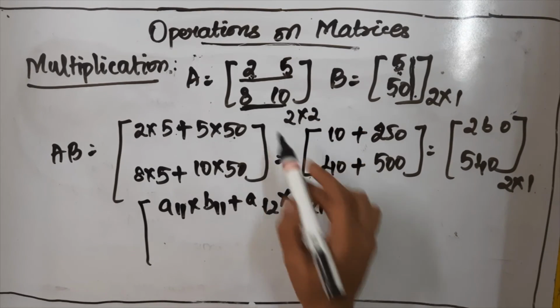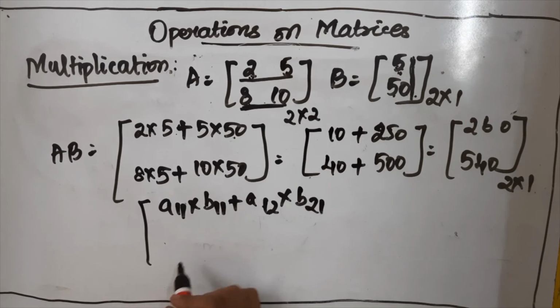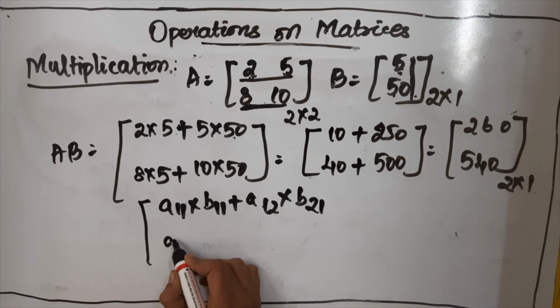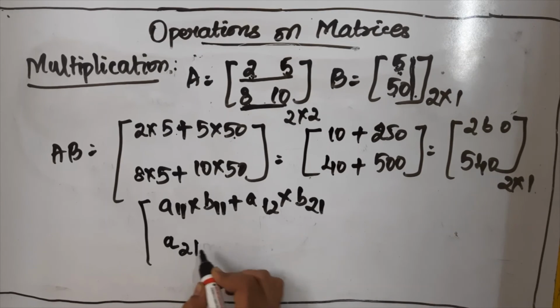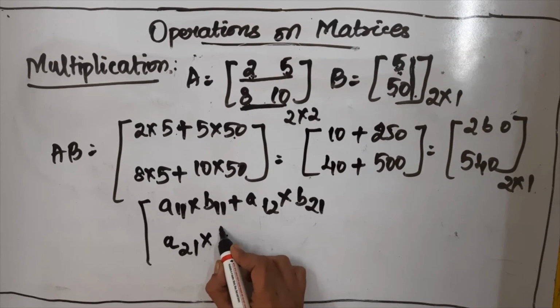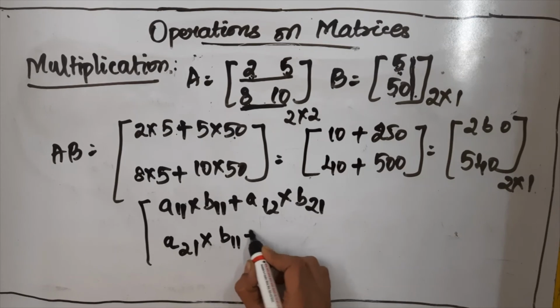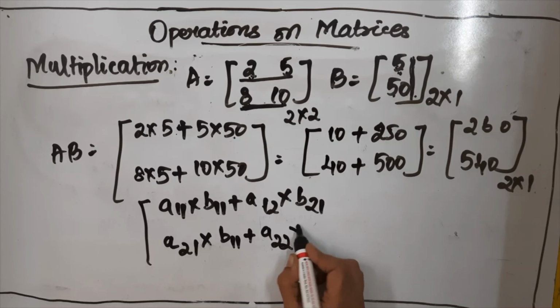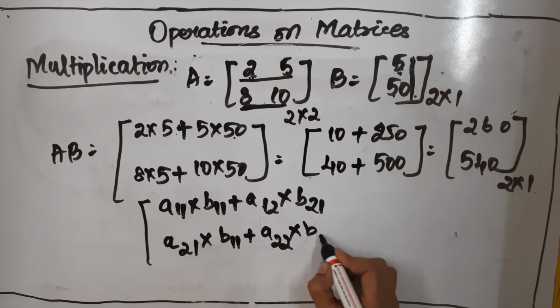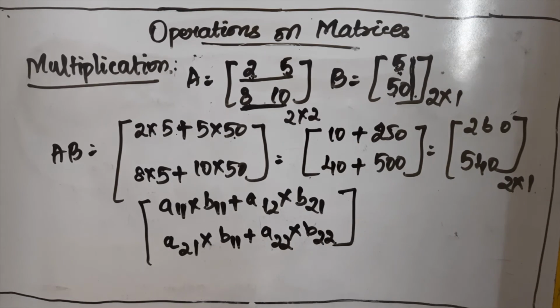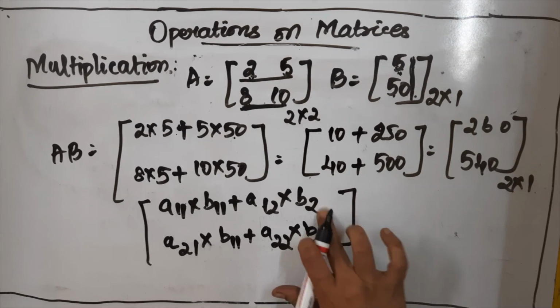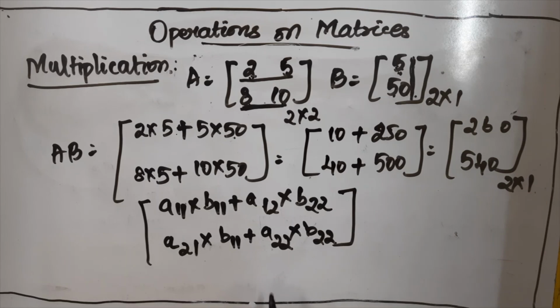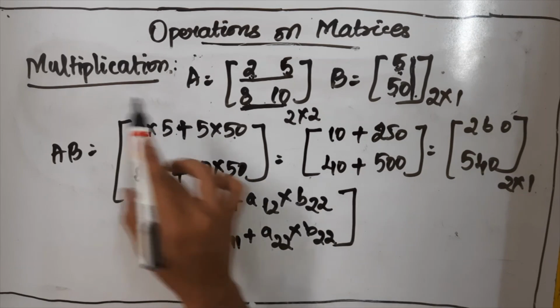So next 8 into 5, which is A21 into B11 plus A22 into B22. This is how this is B22. This is how we solve the multiplication.